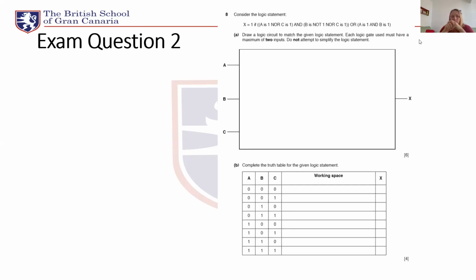So we've got our A, B, and we've got our C. Now, how do we tackle this? Brackets first, then not, and, or. You can see that B has got the not that goes into the nor, with C. So B has a not and then there's a nor.